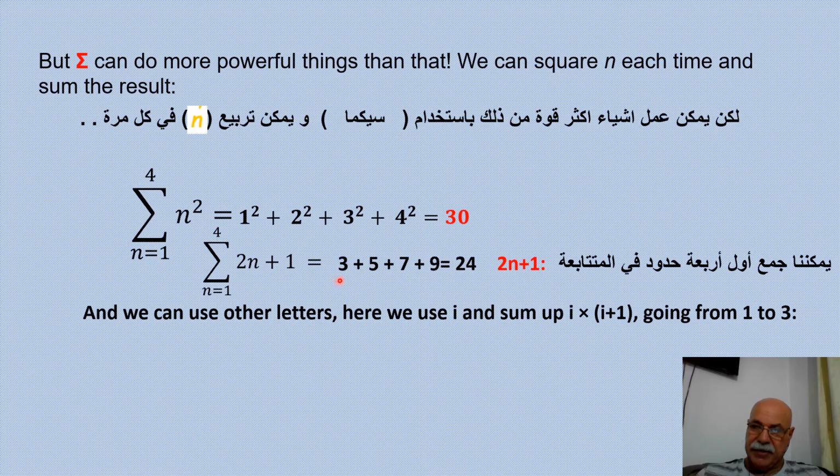How many elements? 1, 2, 3, 4, as a 4. The sum about this is 24. ال 24 هنا هي قيمة 2n plus 1 لكل n. ف 2 plus 1 is 3، 3 plus 2 is 5، 5 plus 2 is 7، 7 plus 2 is 9.